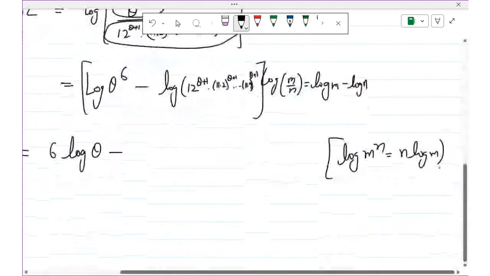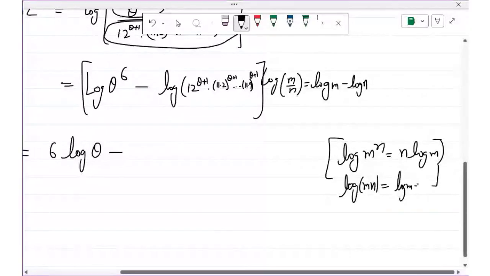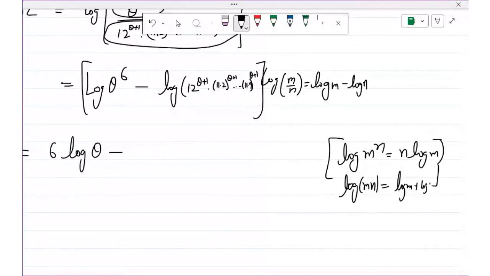The other I am going to apply now is log of a product is equal to the sum of logs. Log of m into n is log m plus log n. So we will get log of 12 raised to power theta plus 1 plus, with the minus sign in the bracket.